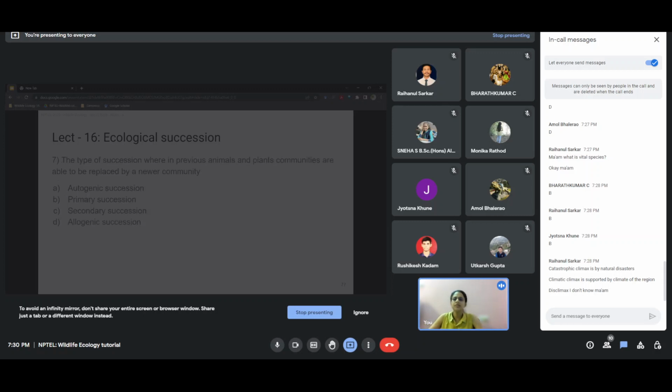A type of succession wherein previous animal and plant communities are able to be replaced by a newer community.